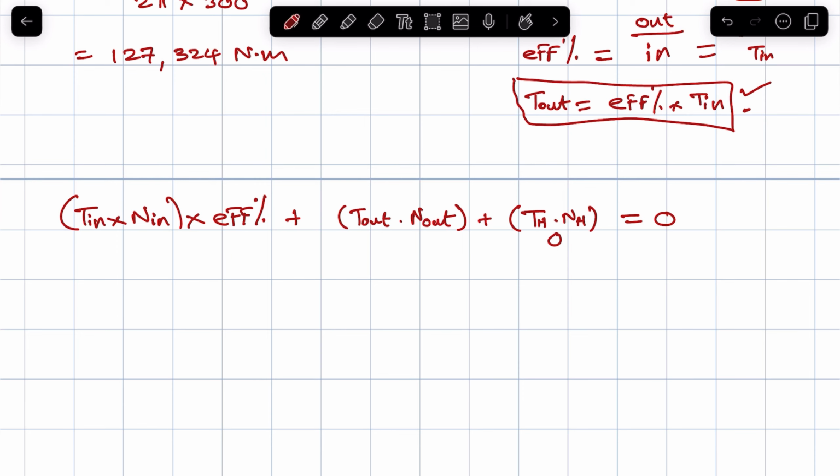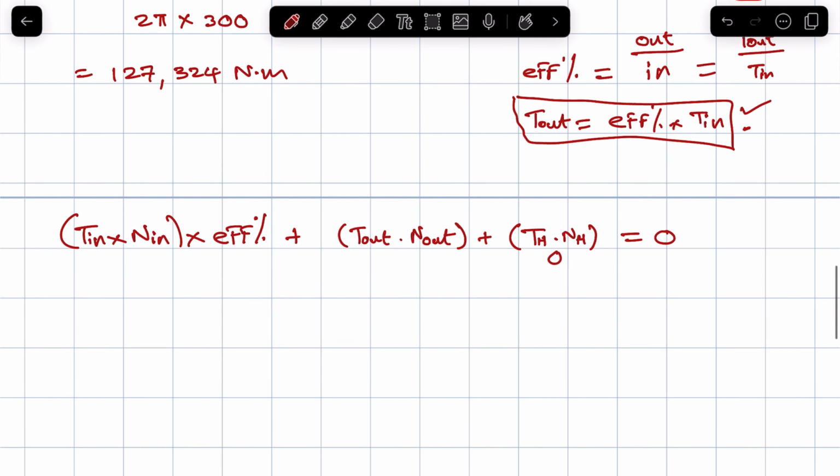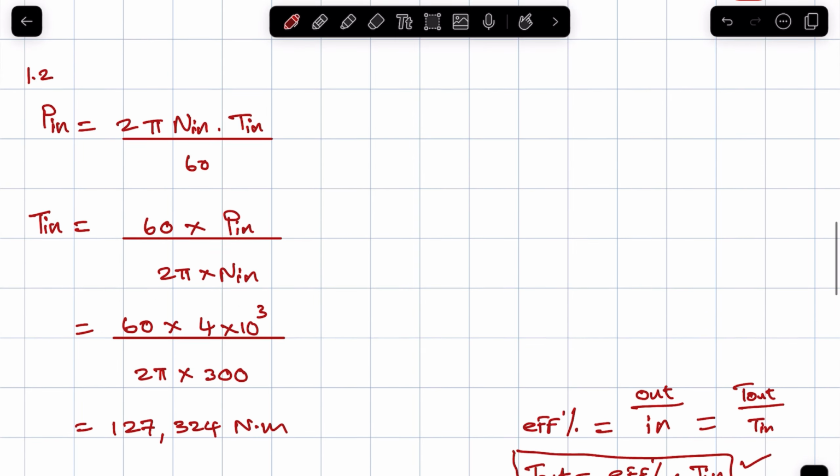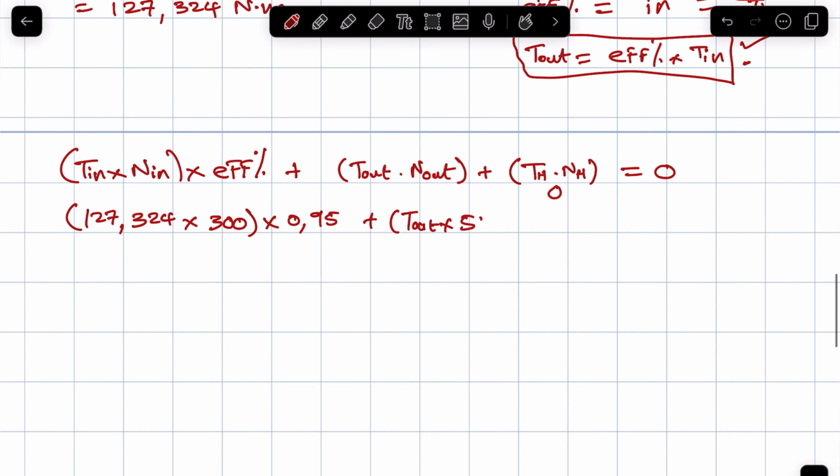Right. Now, torque in is equal to what? Torque in is 127,324 times N in, which is 300, times the efficiency, which is 95%, which is 0.95, right? Plus the torque out times N out, which was 50 revs per minute. So we have 50, and then this essentially is equal to 0.